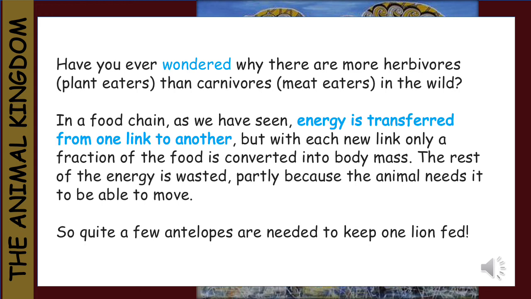In the food chain, as we have seen, energy is transferred from one link to another. But with each new link, only a fraction of the food is converted into body mass. The rest of the energy is wasted, partly because the animal needs it to be able to move. So, quite a few antelopes are needed to keep just one lion fed.